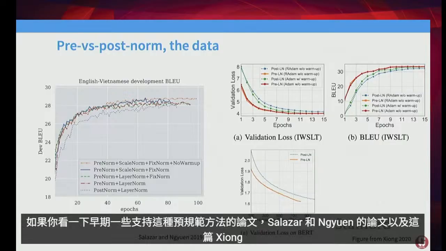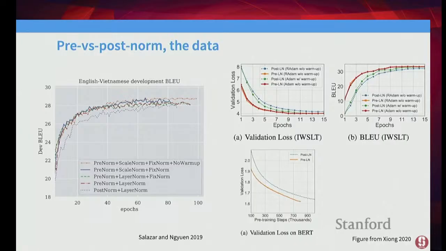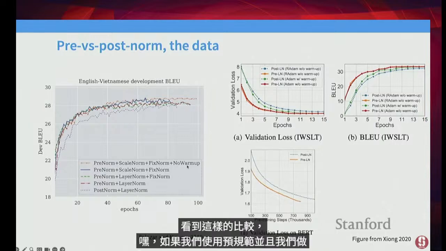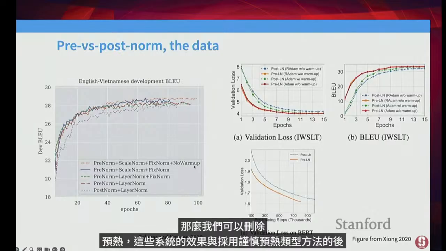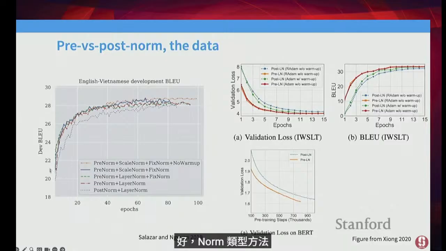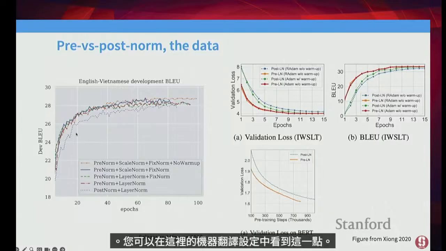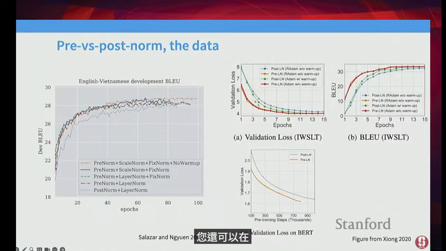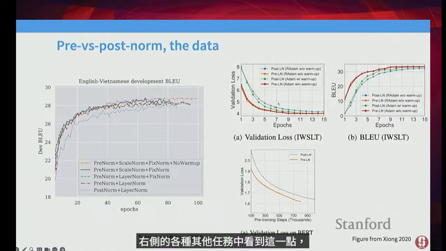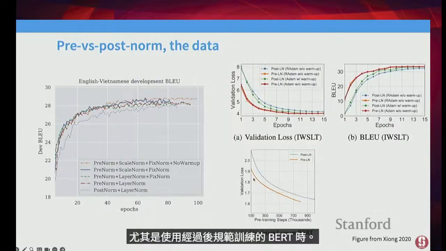And if you look at some of the earlier papers arguing for this pre-norm approach, Salazar and Yuan, and also Xiong in 2020, you almost always see a comparison of, hey, if we use pre-norm and we do some other stability-inducing tricks, then we can remove warm-up, and these systems work just as well, if not better, than the post-norm layer norm with careful warm-up approaches. And you see this in a machine translation setting here. You see this as well on the right on various other tasks, especially using BERT, which was trained with post-norm.